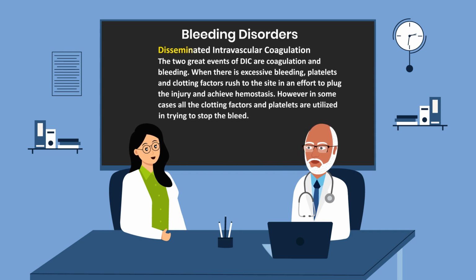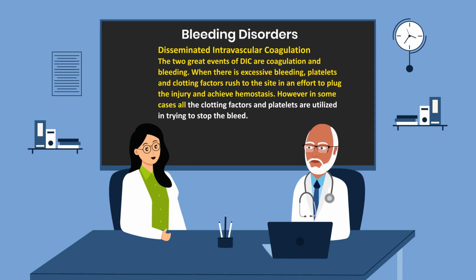Let's talk about DIC, or disseminated intravascular coagulation. The two great events of DIC are coagulation and bleeding. When there is excessive bleeding, platelets and clotting factors rush to the site in an effort to plug the injury and achieve hemostasis.